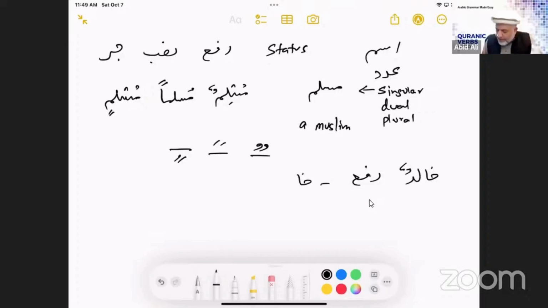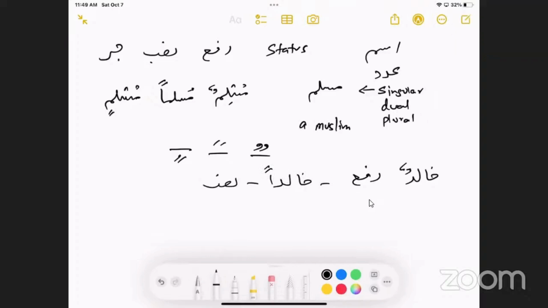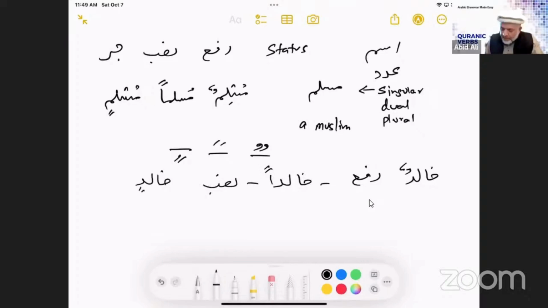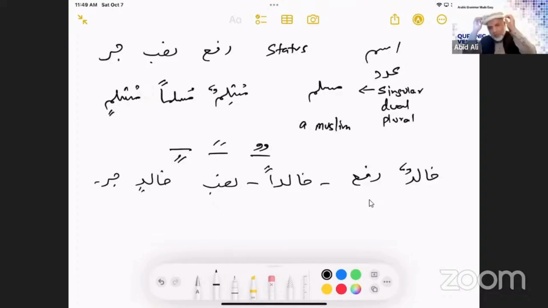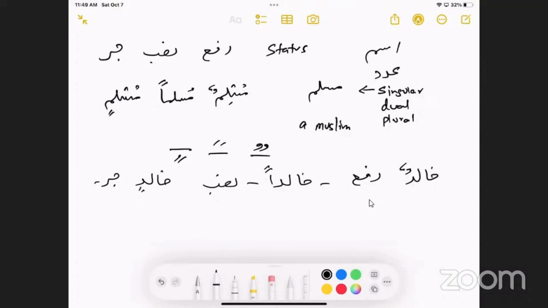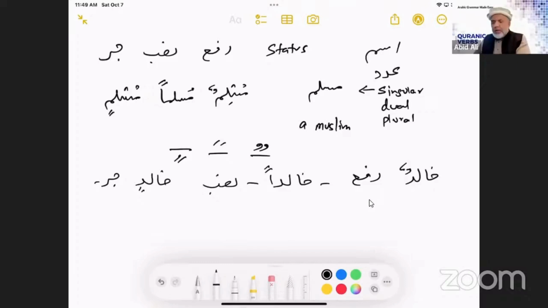If I say Khalidan, what status is this? Nasab. Khalidin: Jar. Now, pay attention in the Quran next time. You will find Muhammadun, Muhammadan, Muhammadin. Can you recall that? Okay, good. Inshallah, I hope with this little demonstration, at least now you know what the status is.